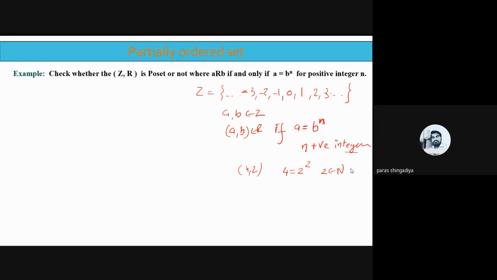Okay, so let us prove the first one, the reflexive condition.